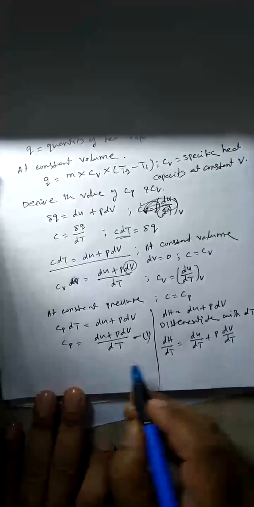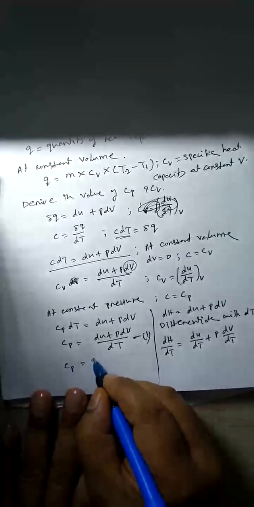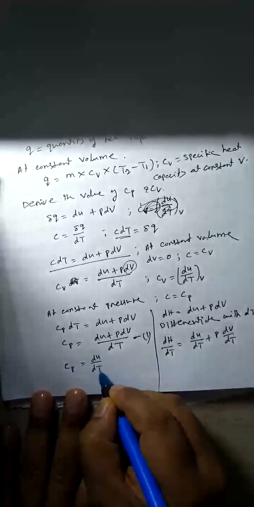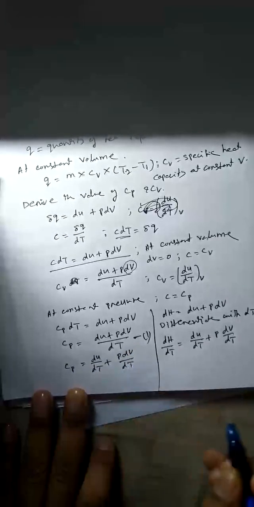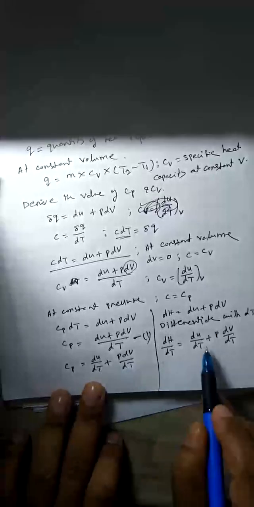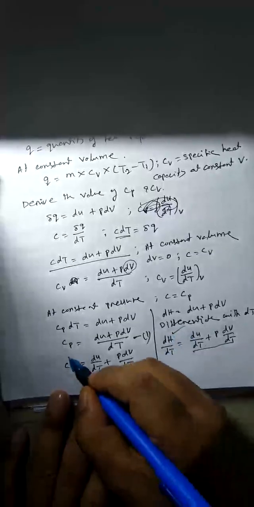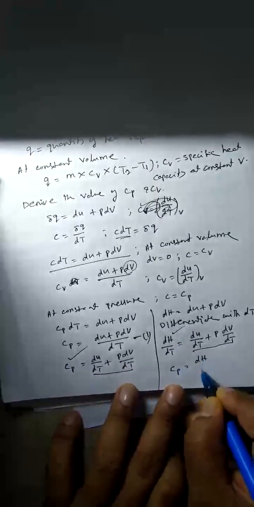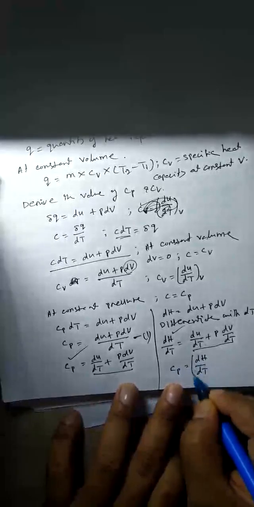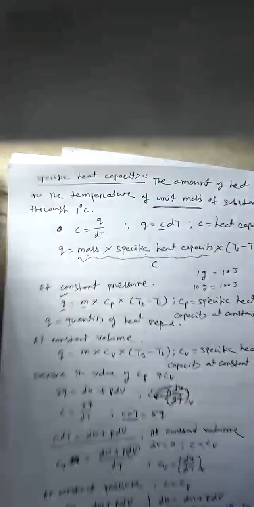Now you compare this, you just expand it, we get dU by dT plus P dV by dT. You see here, right hand side both are the same. This one is equal to this one. So Cp is equal to dH by dT at constant pressure. In this way also you can find out Cp and Cv.